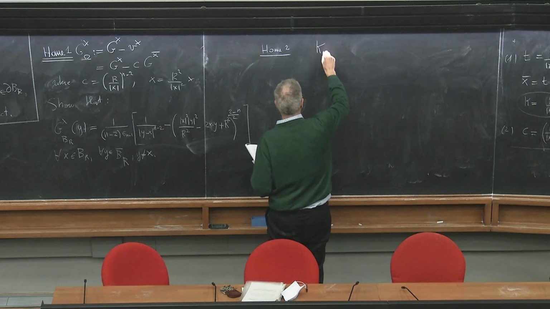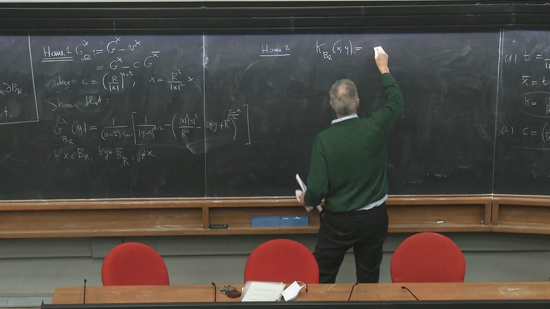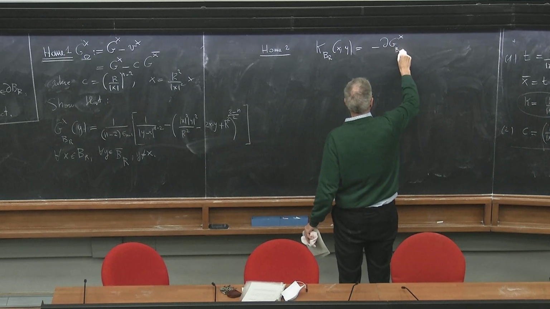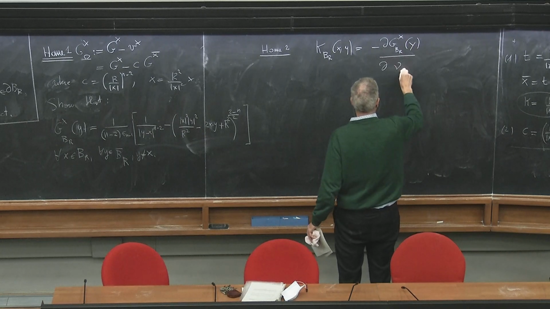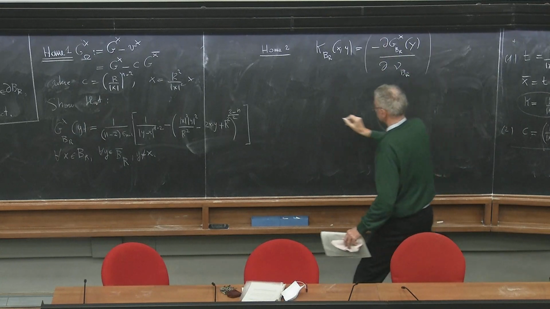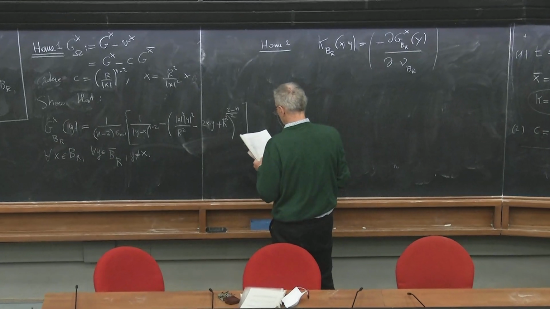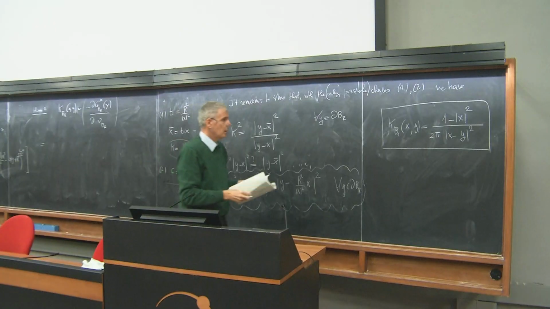so k of the ball, xy that I recall you is minus the normal derivative, this is equal to something very similar to this.